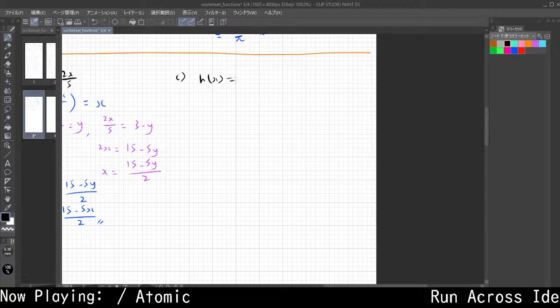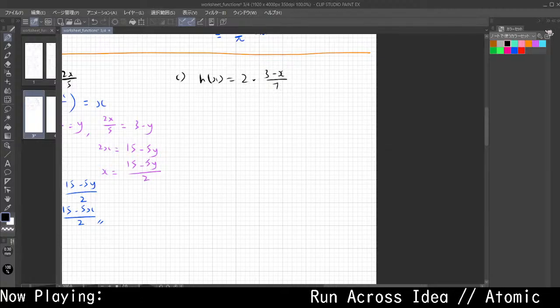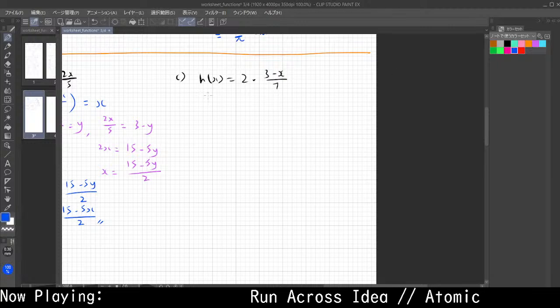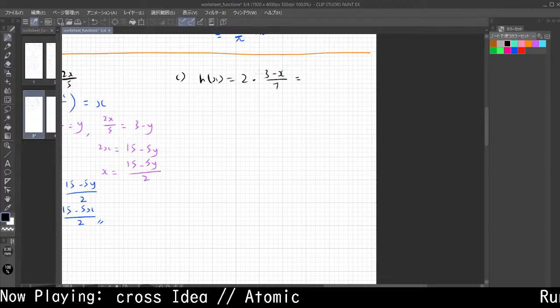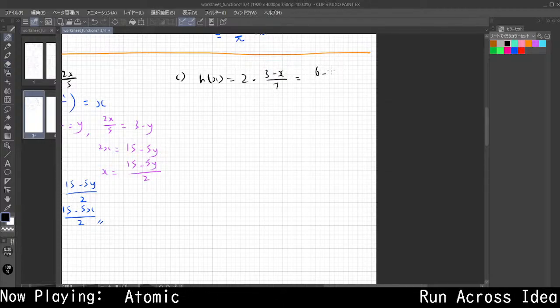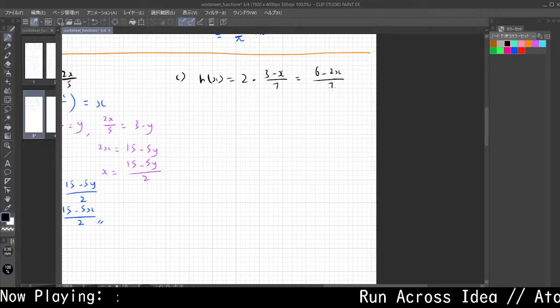h(x) equals 2 times, the dot is times, 2 times 3 minus x over 7. You can simplify this to become 2 times 3, 6, minus 2 times x, 2x over 7. Okay.